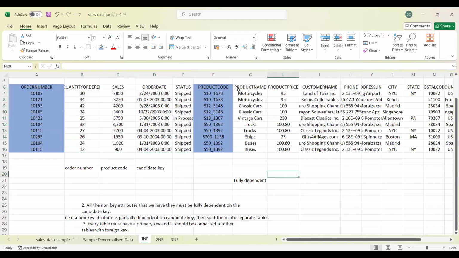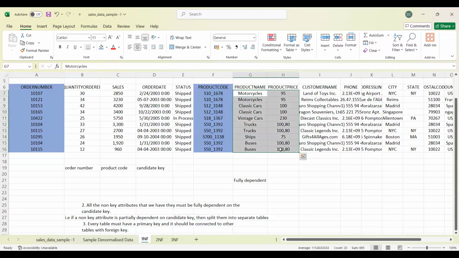If you see these columns, product name and product price are fully depending on the product code. They are not depending on the order number. This is the product name and this is the product code. This is the product price, and this is the product code. For understanding purposes, every piece of data is related, but we are talking about dependency.